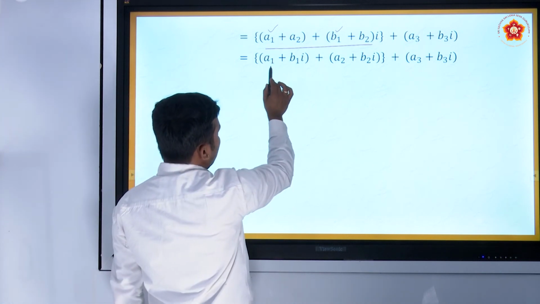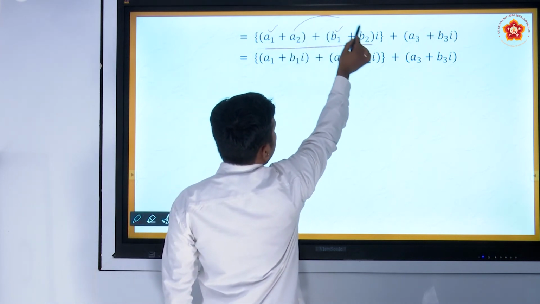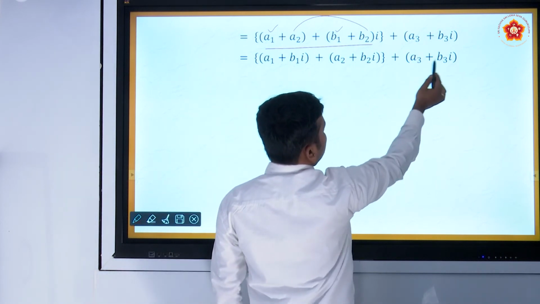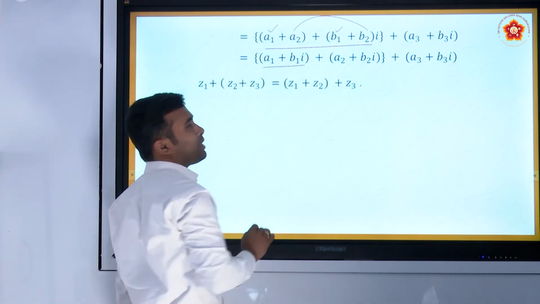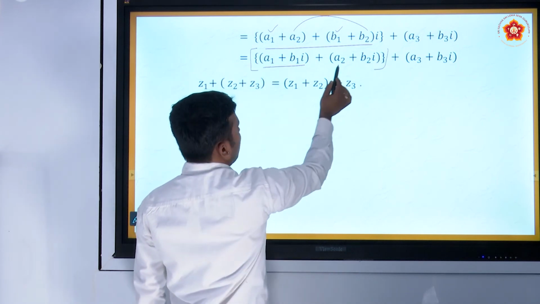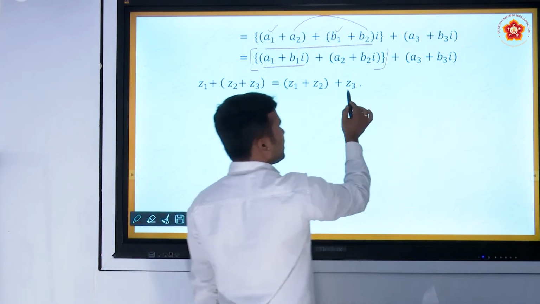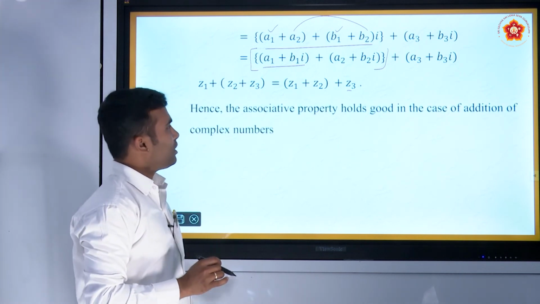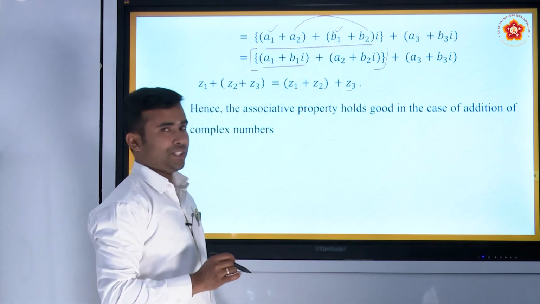So now what is this? a1 plus b1i, and in the same way you can group these two together, a2 plus b2i, and this a3 plus b3i as it is. Now I can replace a1 plus b1i as z1, a2 plus b2i as z2, and a3 plus b3i is nothing but z3. So hence we can say that the associative property of complex numbers holds good over addition.